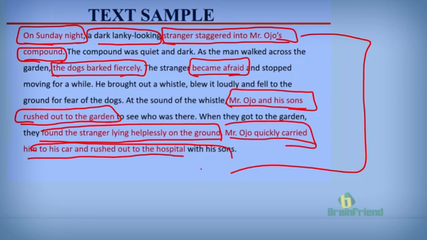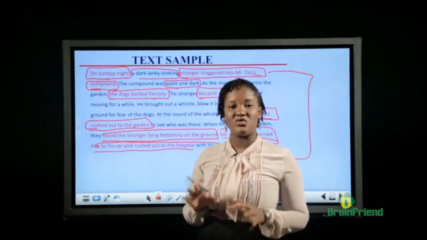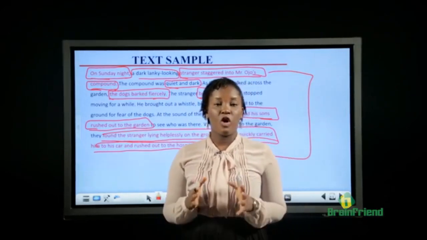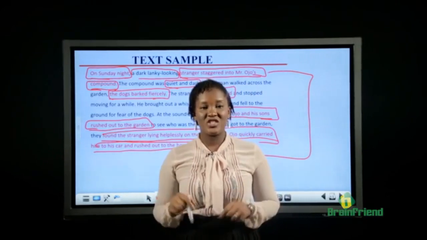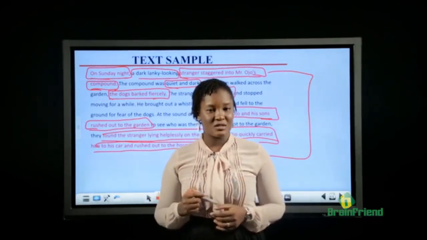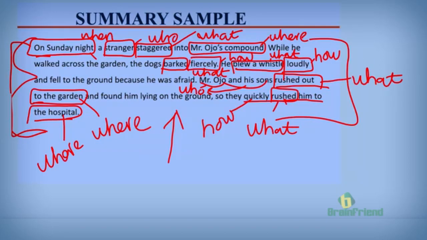We also left out how quiet and dark the compound was, because these details are not really necessary in writing summaries. All you have to do when writing a summary is to pick out the main points which explain the essence of that story. So this is an example of how to write a good summary.